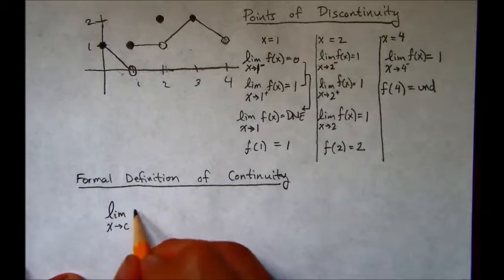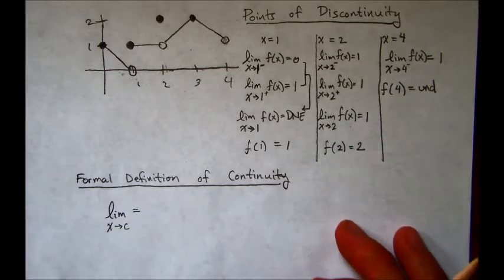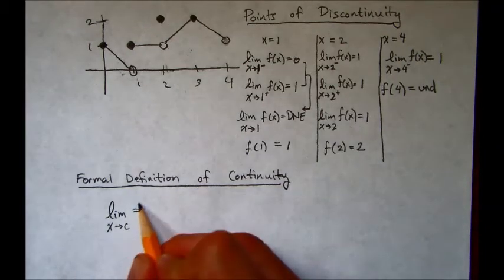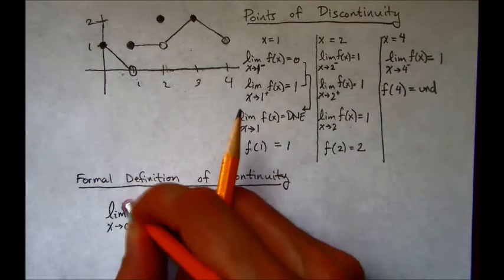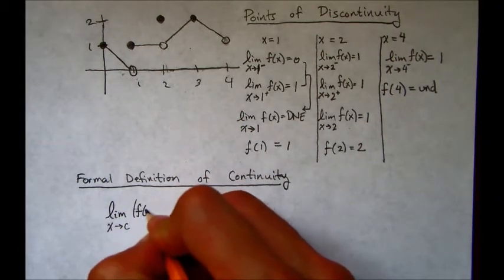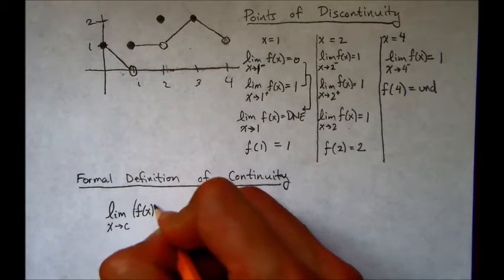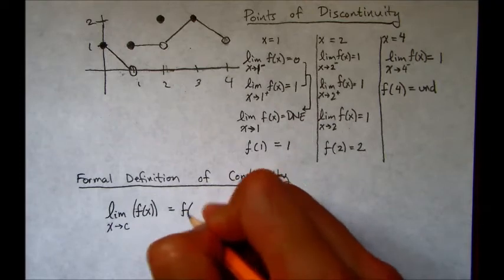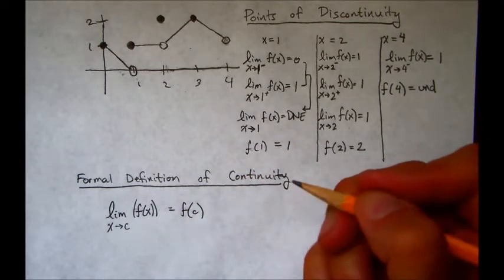Therefore, that would make the limit at the point defined. That's for f of x, and we would like that to equal the same thing as if we had just plugged in c.